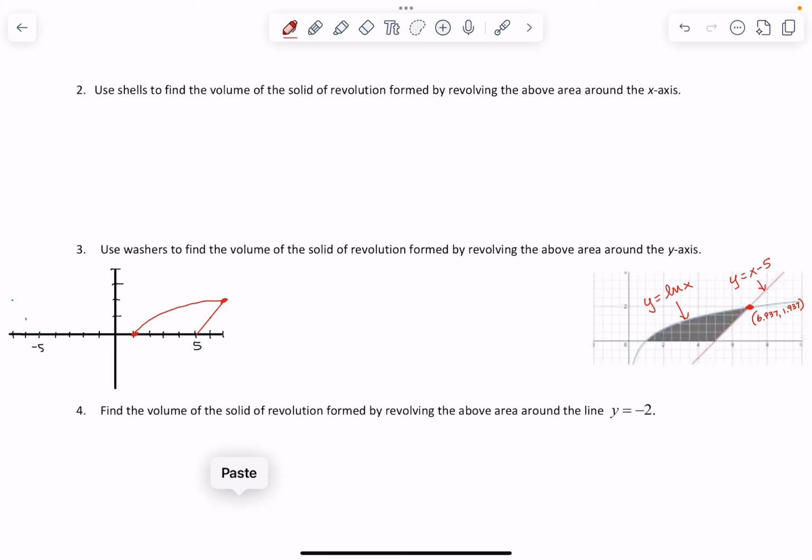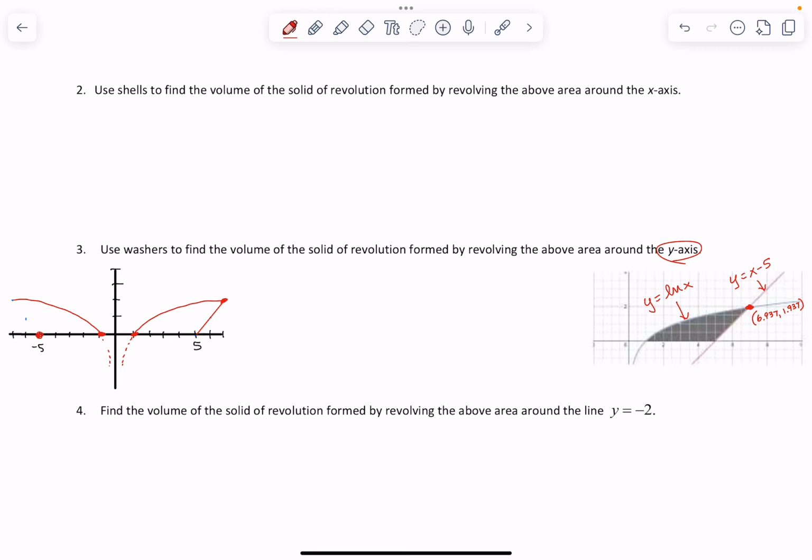If we now rotate this around the y-axis, that means it's reflected over the y-axis, so this point will be at (-1, 0), and this is (-5, 0). And so we will have the natural log function, which comes on down like that, but we don't really need that part because we're not doing anything below the x-axis.